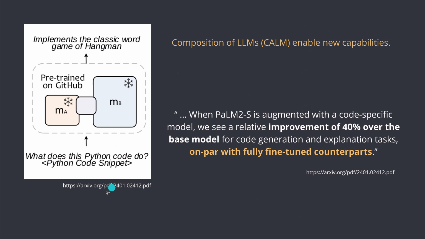Here, for example, from the original Google publication, the question was, hey, what does this Python code do? You put in a code snippet of Python, and you have this augmenting LLM that has been pre-trained on GitHub examples, and, let's say, GPT-4 with its beautiful formulation and augmentation capability.